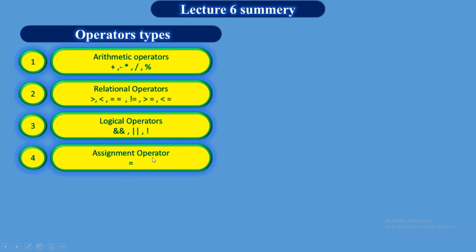We learn the assignment operator, single equal. Assignment operator uses single equal, whereas relational operator uses double equal. Assignment operators simply assign a value to a variable. Relational equal means two values are equal.